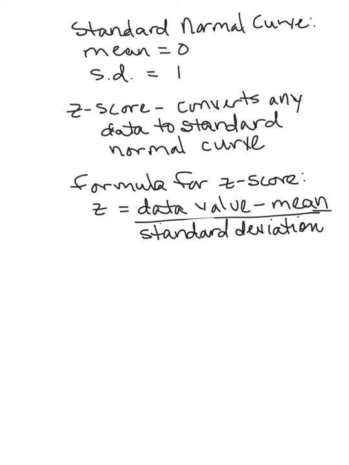A z-score is a technique of converting any set of data to a standard normal curve. In order to find a z-score, you take the data value that you are given minus the mean. Sometimes you will get a negative and sometimes you will get a positive. This is okay. And you take that answer divided by the standard deviation.